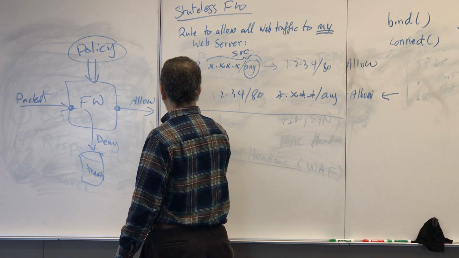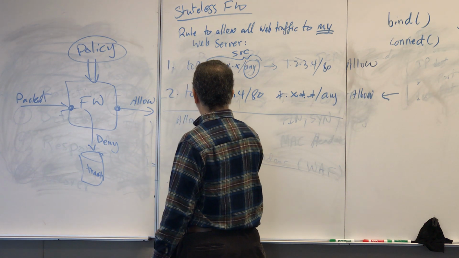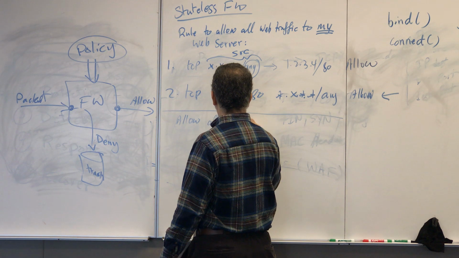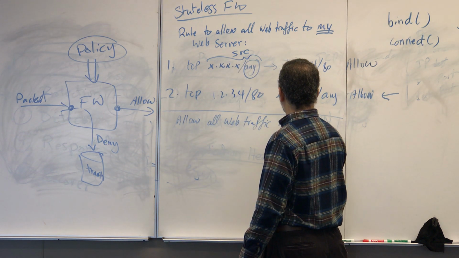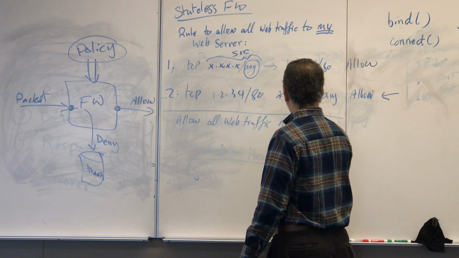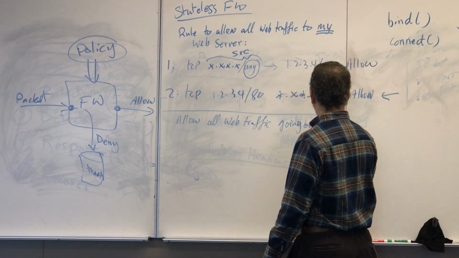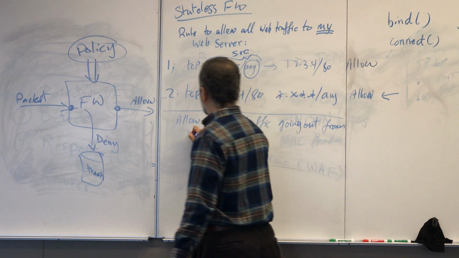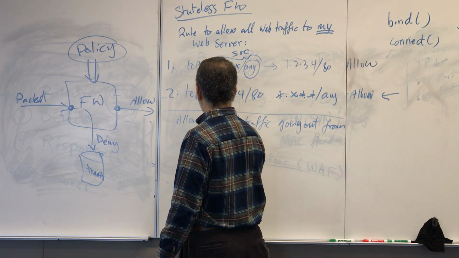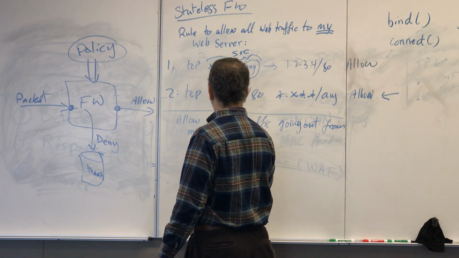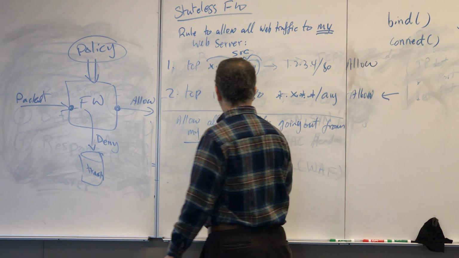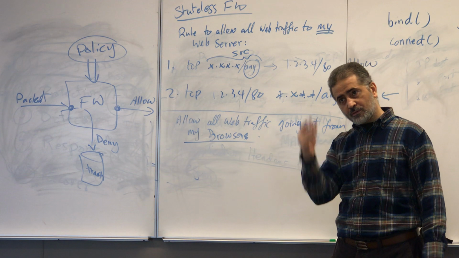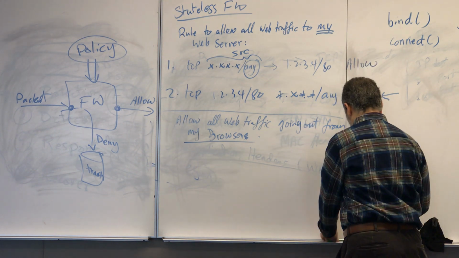So you want to allow all web traffic going out from my browser. Help me out. How to write this rule?